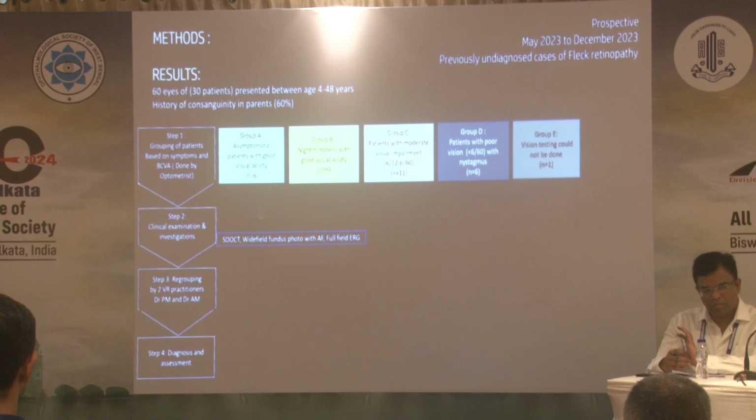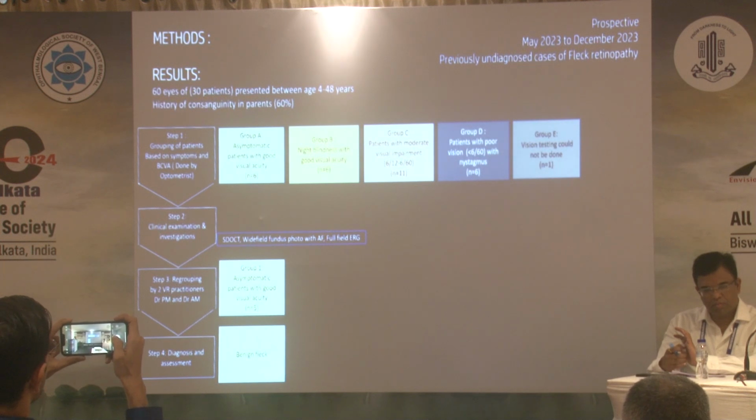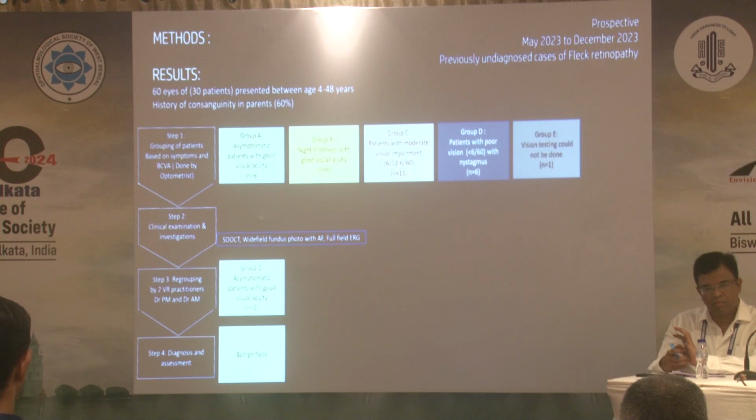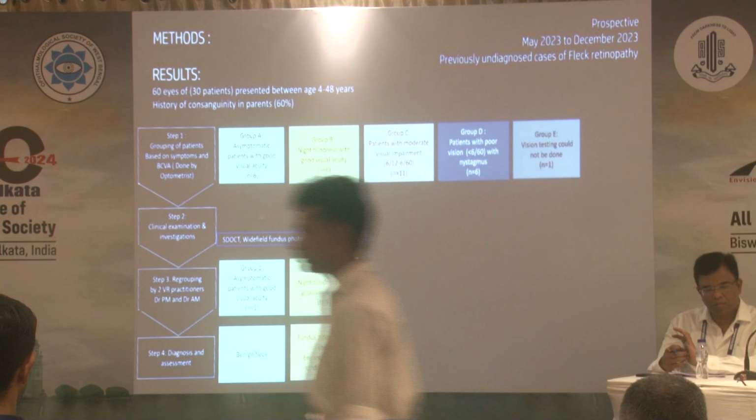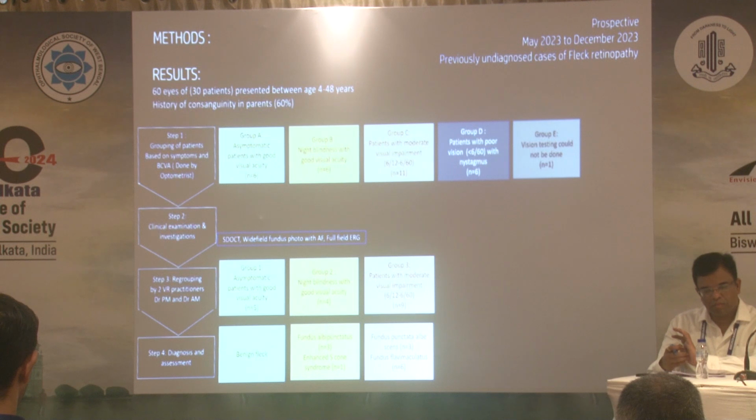So now the initial group was group A, B, C, D, E, which was done by the optometrist, but finally after regrouping, we had group 1, 2, 3, 4, 5, 6. Group 1 was 5 patients from group A who were diagnosed to have benign fleck retinopathy. Group 2 was 4 patients from group B who were diagnosed to have fundus albipunctatus and enhanced S-cone syndrome. Group 3 was 9 patients from group C who were diagnosed to have fundus punctata albicans and fundus flavimaculatus.